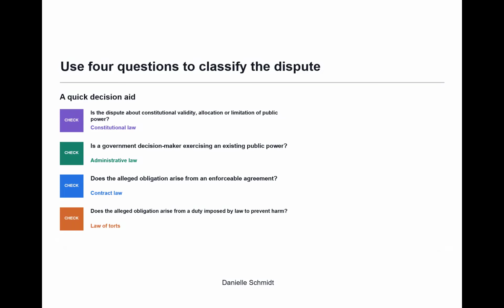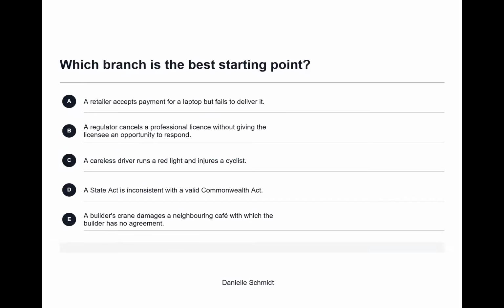If it does, it might be contract law. And check, does the alleged obligation arise from a duty imposed by law to prevent harm? Check, might be law of torts. So these are some questions that you can ask yourself in order to determine what type of law the problem question may involve. So let's go through the answers.